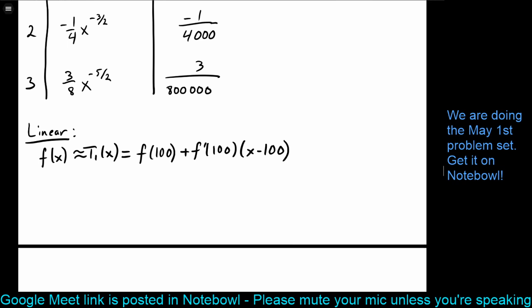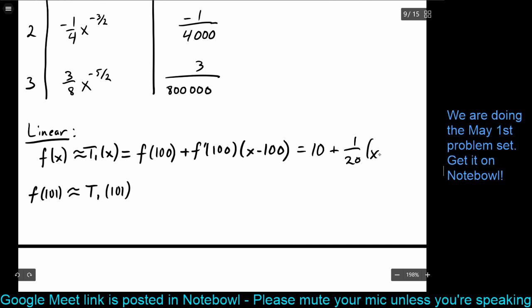Oh, sorry, I meant to do one thing first. This is equal to 10 plus 1 over 20 times x minus 100.